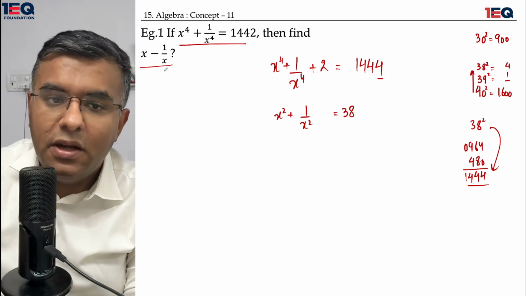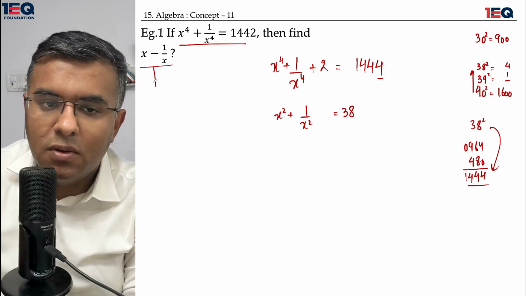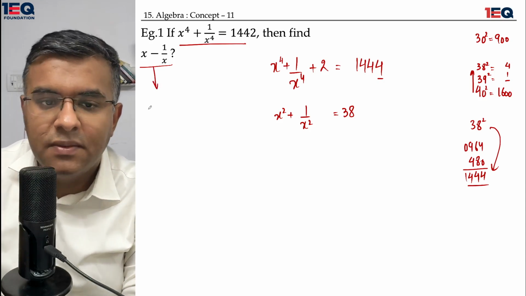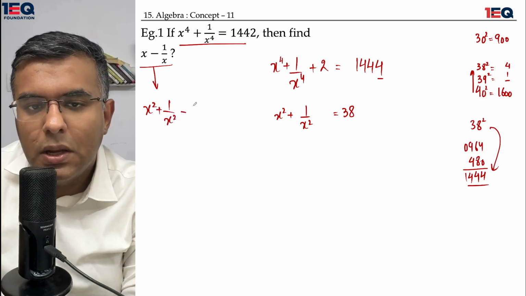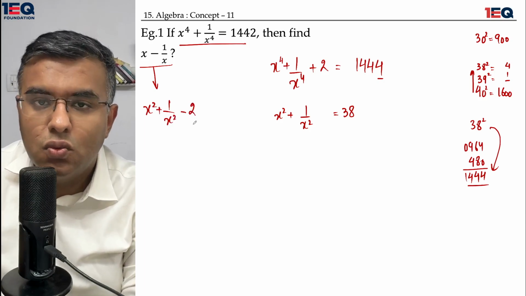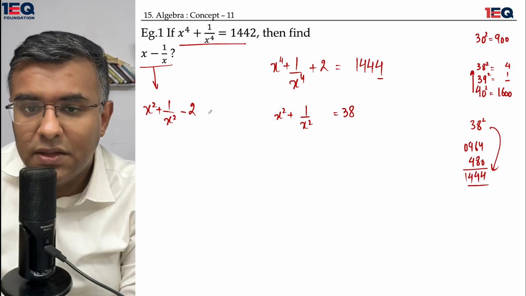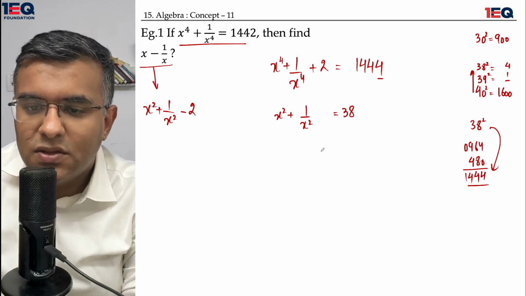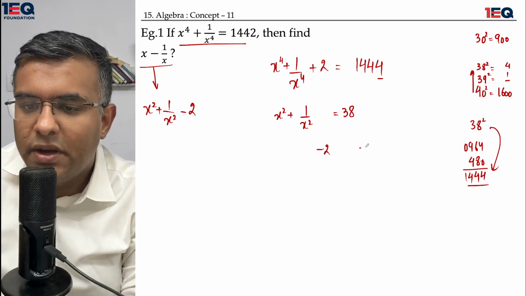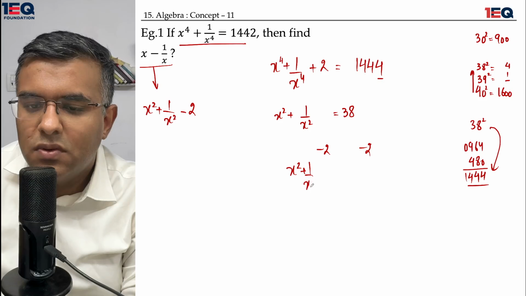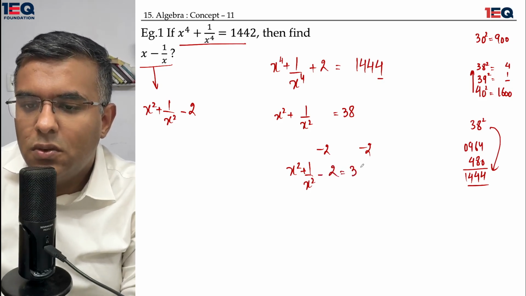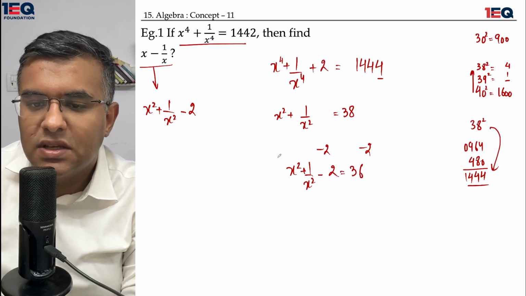Now, I need to reach a point where I can talk about x minus 1 by x. If I try to expand this form, this would come out to be x square plus 1 by x square minus 2, the minus 2ab. So I need to have a minus 2 on both sides. I would reach x square plus 1 by x square minus 2 is equal to 36.